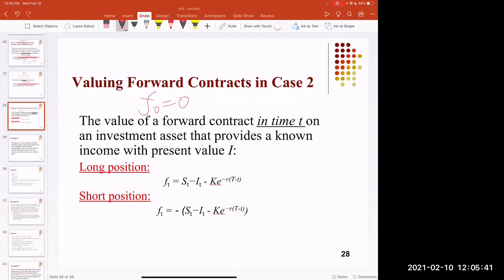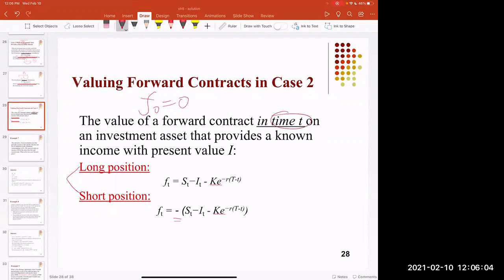And what about time t? It depends on whether it's a long position or short position. Let's talk about the long position. Short position is very easy. Just add a negative in front of the long position, right?